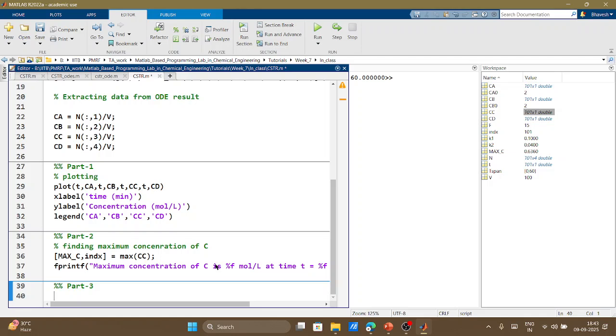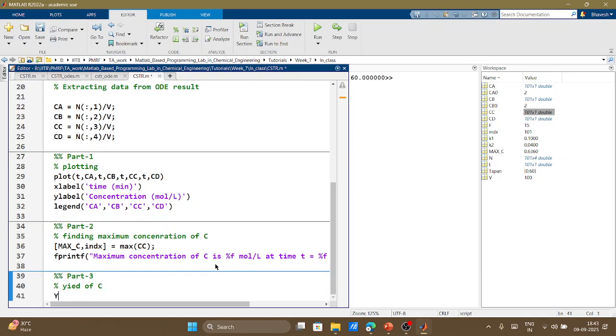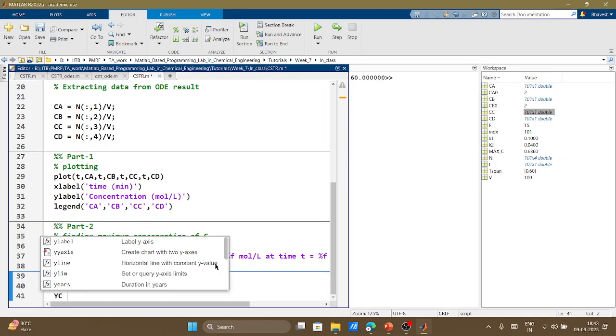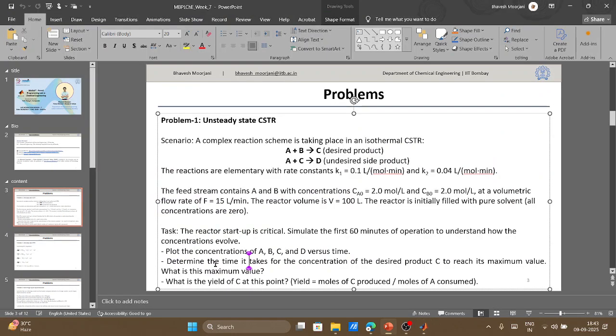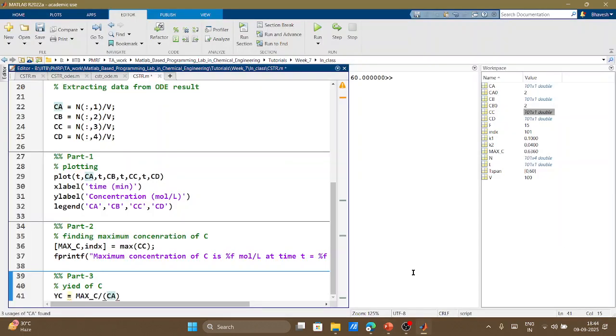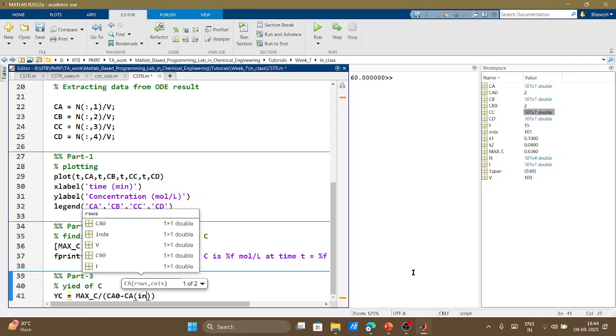I know the index, I know the maximum value, so I can find the yield of C. Let me call it YC equal to moles of C produced, that is your maximum C value, divided by moles of A consumed. So A consumed will be Ca0 minus Ca value at your final index.